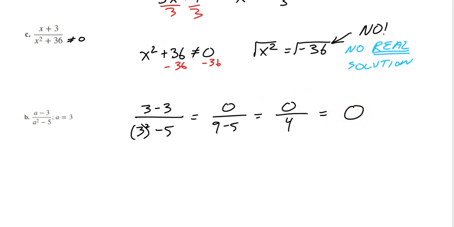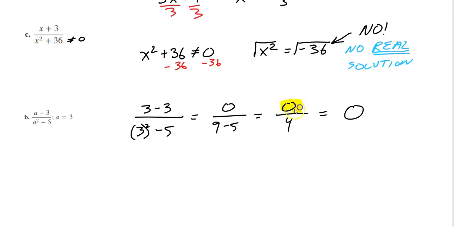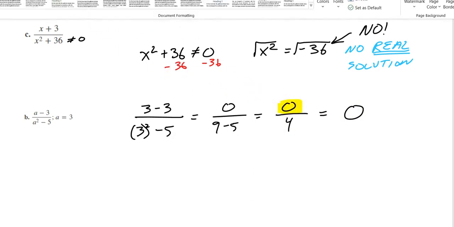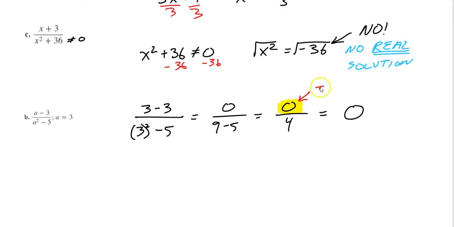This is doable. Okay, that is okay. You can have a 0 in the numerator, not in the denominator.